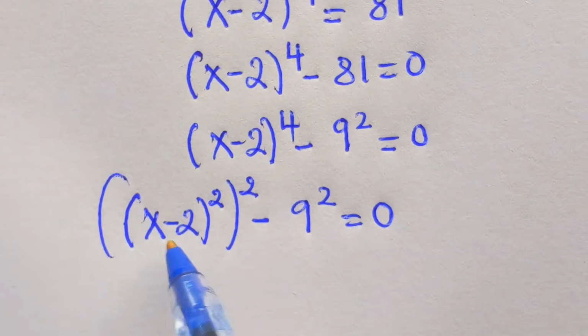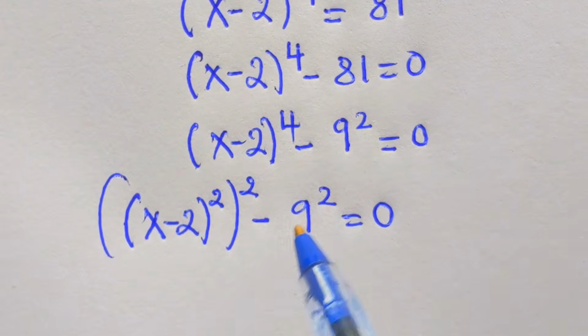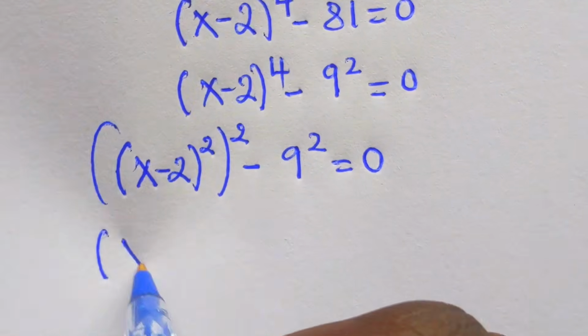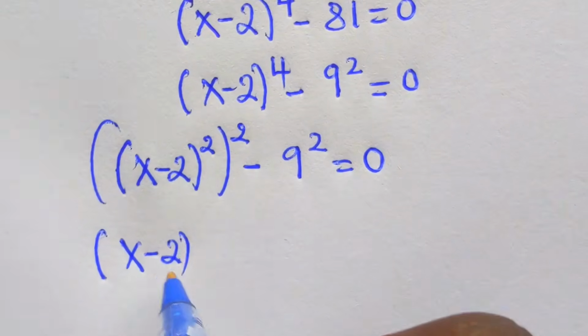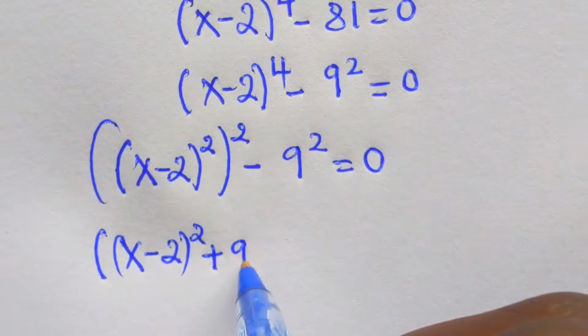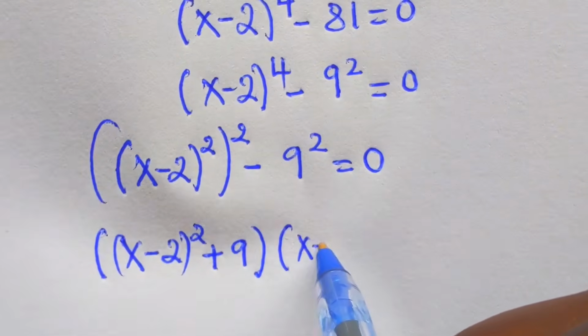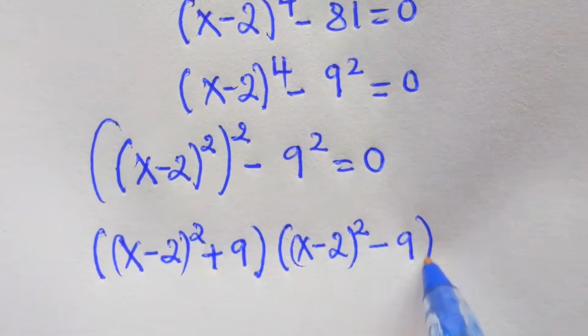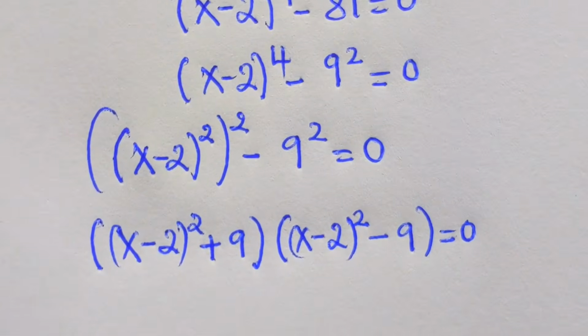Here we have one term which is squared and another which is squared, so we can separate them by writing ((x - 2)^2 + 9)((x - 2)^2 - 9) = 0.